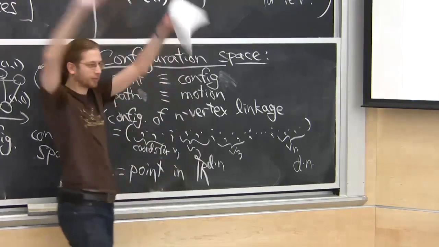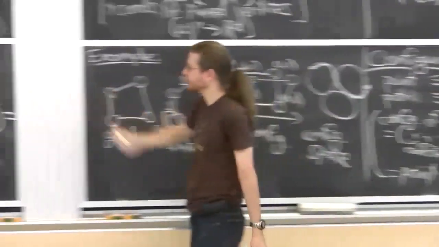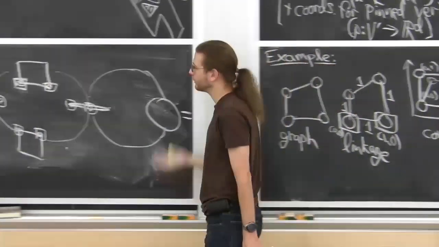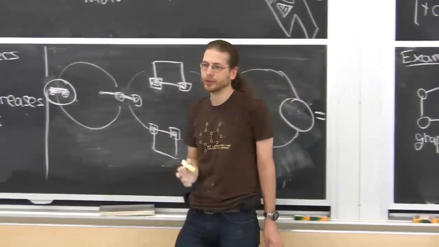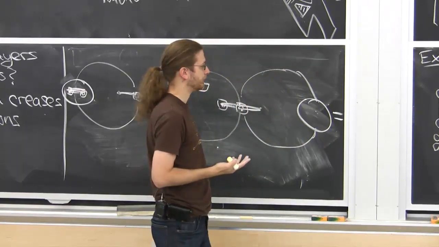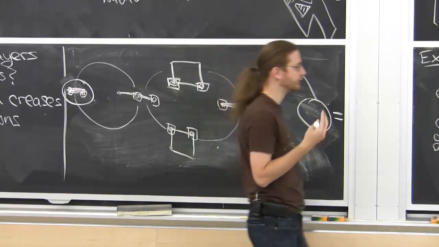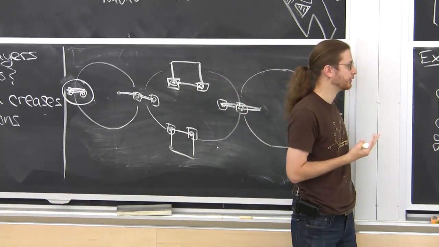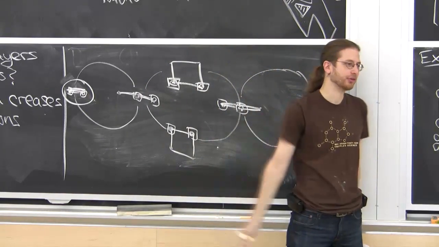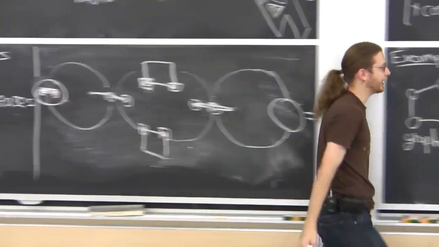So it's this giant space, like for our square. I drew it as a 2-dimensional diagram, but in reality, there's 4 vertices, each has 2 dimensions. So it's an 8-dimensional space.